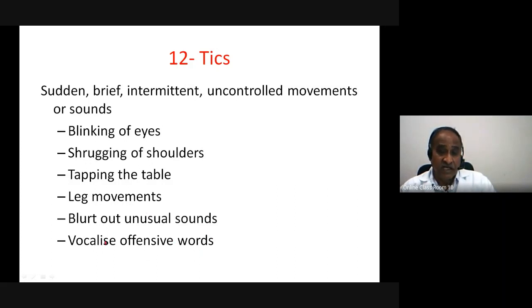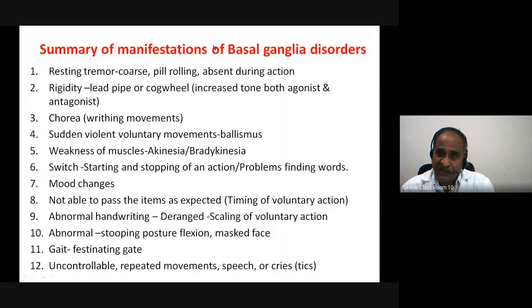I have seen both situations with my friends when they are studying. Suddenly they come out with explosive sounds. So these are tics.